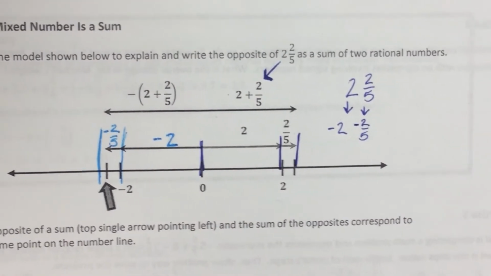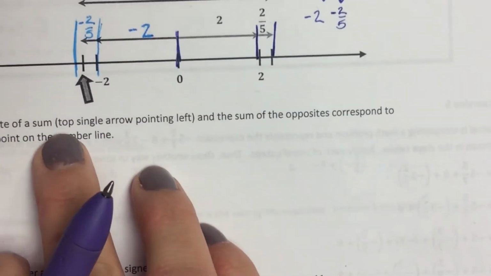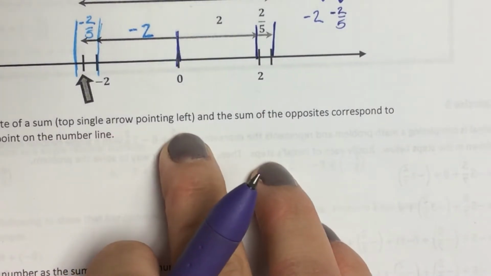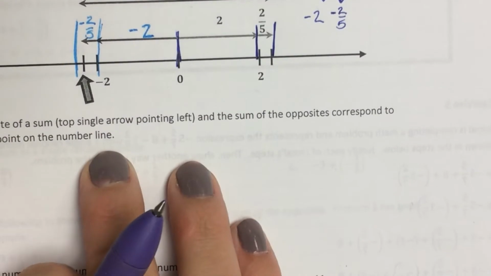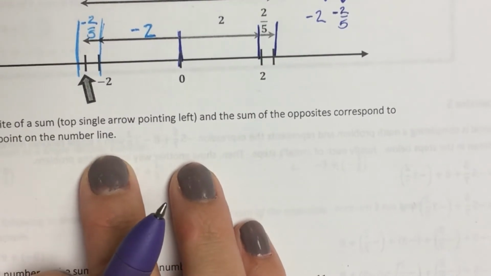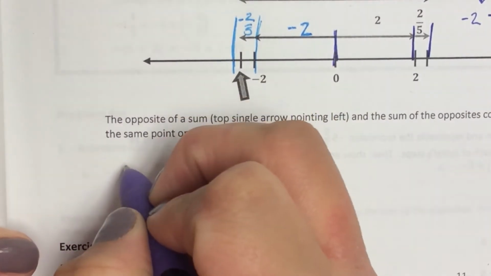Okay, so it says at the bottom here, the opposite of a sum, the top single arrow pointing left, and the sum of the opposites correspond to the same point on the number line. So the opposite of 2 2/5, I'm going to go over here and write this.